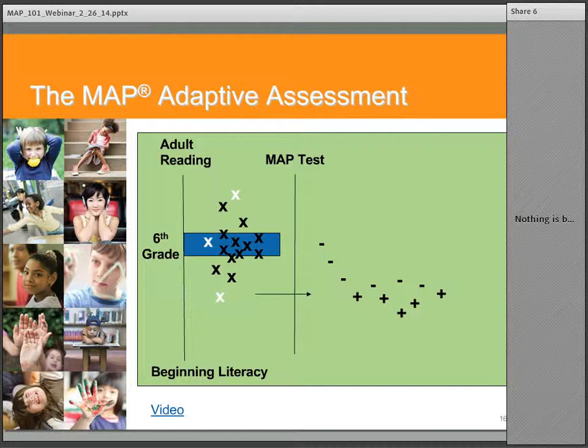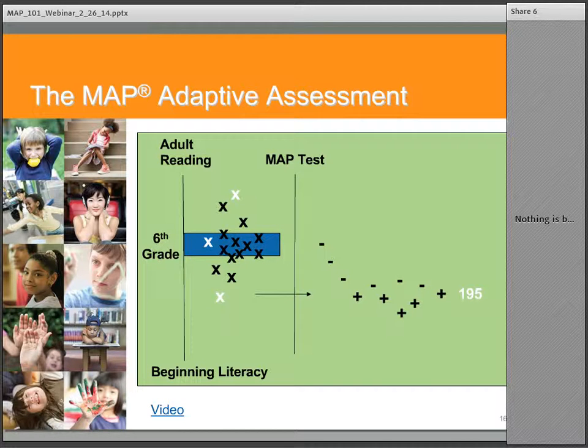Now watch. Did you see how the student got one correct, incorrect, correct, incorrect, correct, and so on and so forth? So what this has done is adjust as the student has answered the questions, as to whether the items get harder or continue to be a little bit easier for what the student already knows and is able to do.